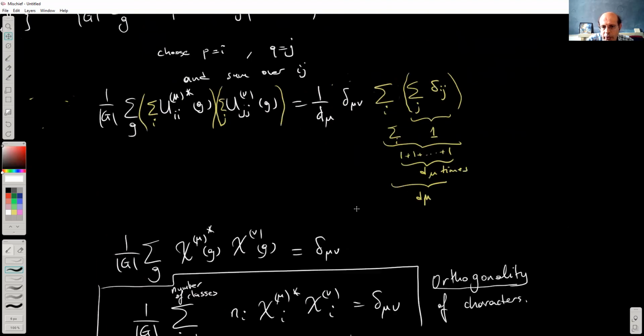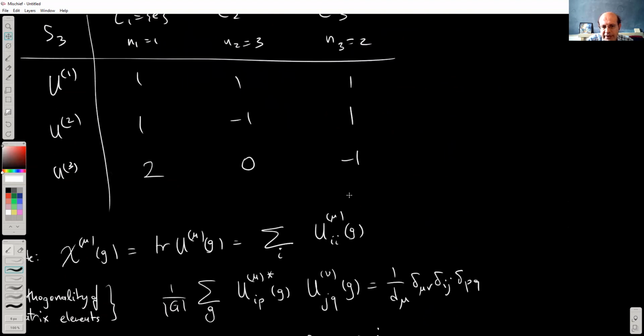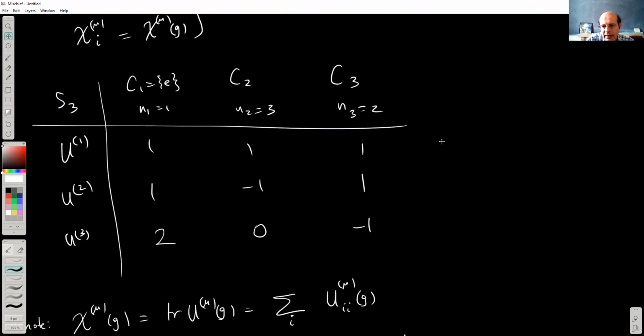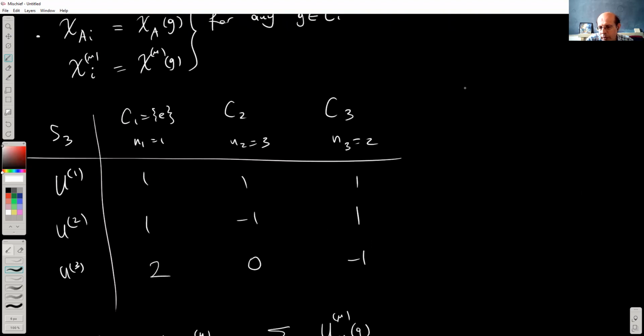But the orthogonality is the most obvious, and is the one that we actually use a lot. So that's the orthogonality: 1 over g times the sum over i of ni, chi i mu star chi i mu, is equal to delta mu.